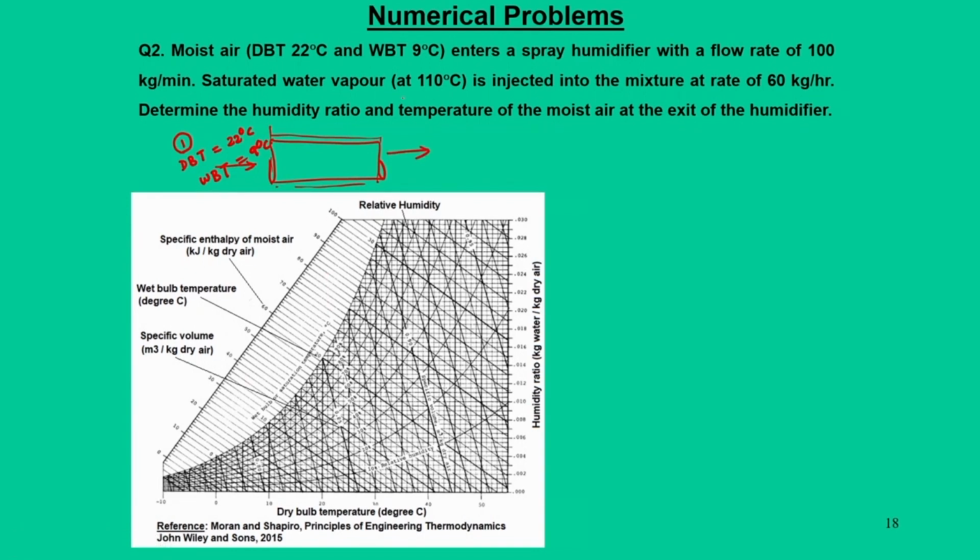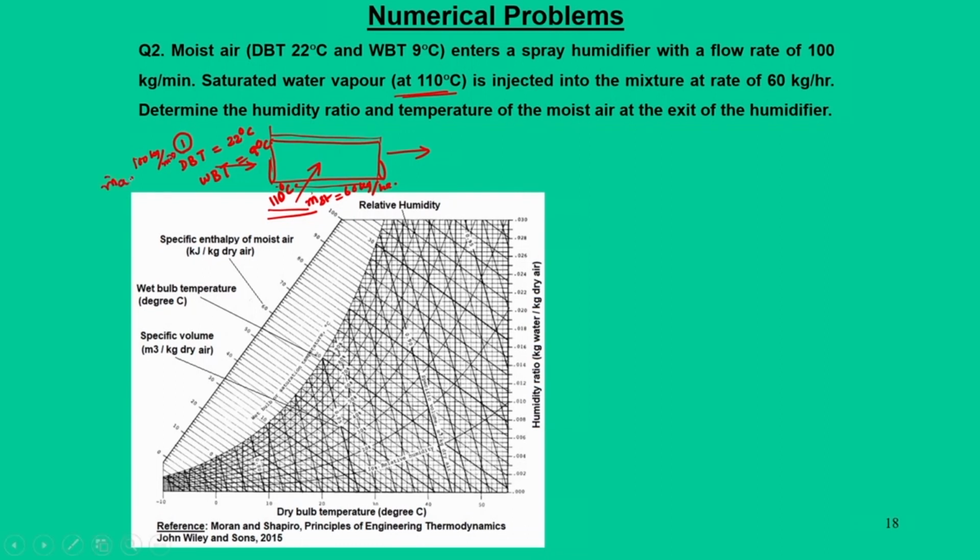Saturated water vapor at 110 degree centigrade, so it is steam, is entered. To do this you have to use the steam table to get the properties at 110 degree centigrade, and this is 60 kg per hour, and the moist air that enters is 100 kg per minute.